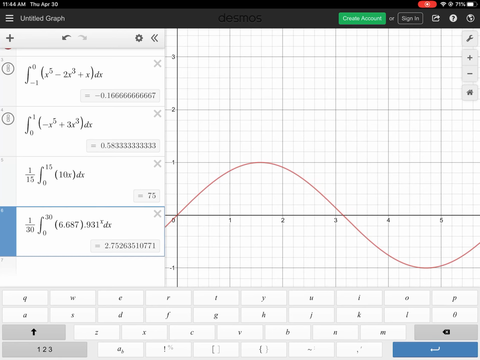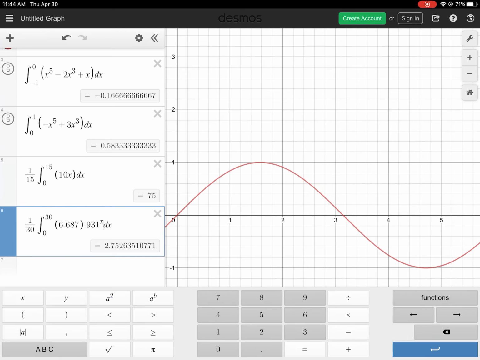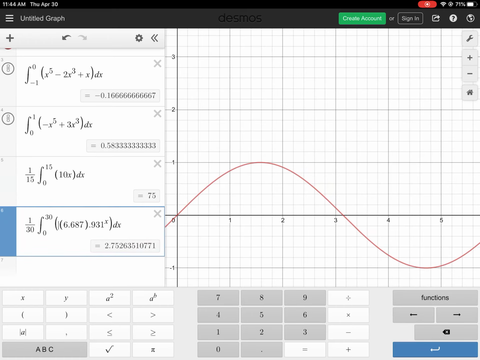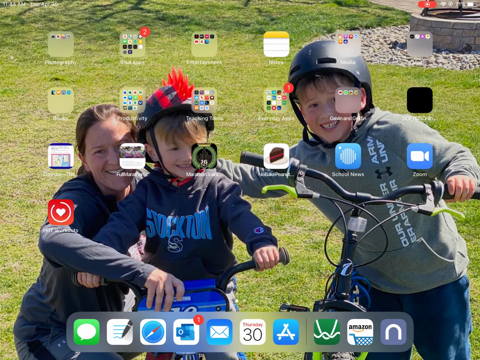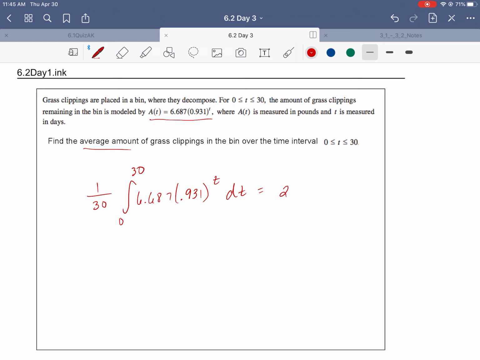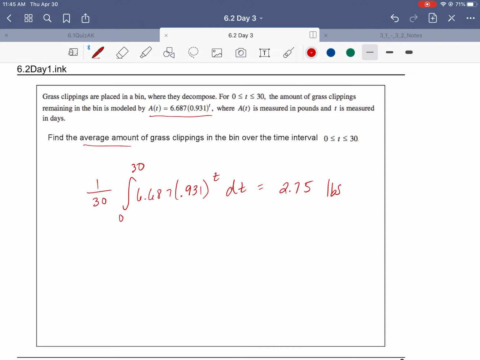Okay, I shouldn't need parentheses, but I'm going to go back just in case and put parentheses there and there. Yeah, that's fine. All right, so 2.75 pounds of grass is the average amount on any given day. Right, so from day 0 until day 30, they average 2.75 pounds in there on any given day.